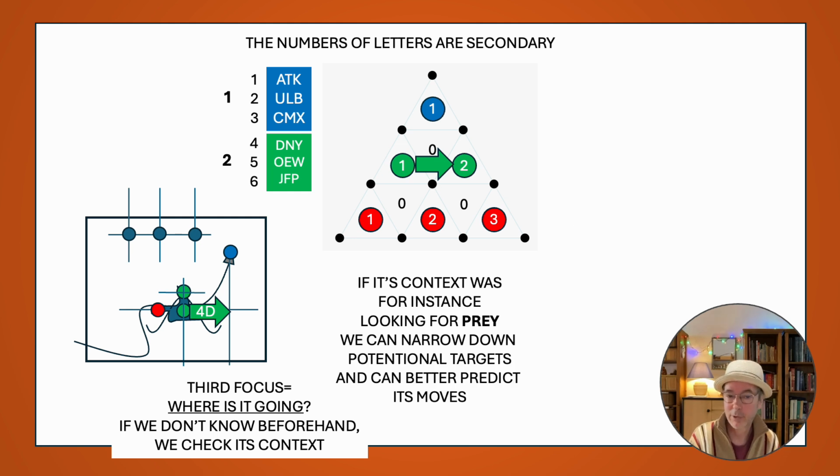For instance, I will take the example: this bird is looking for prey. Then we can narrow down its potential targets. I have some of these targets, and I can also predict its moves. There are not so many moves left anymore.